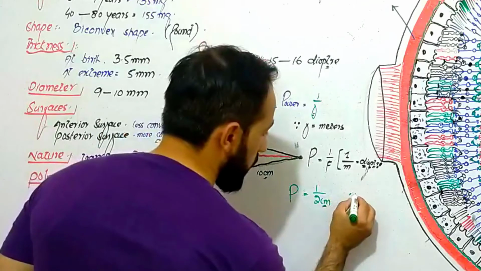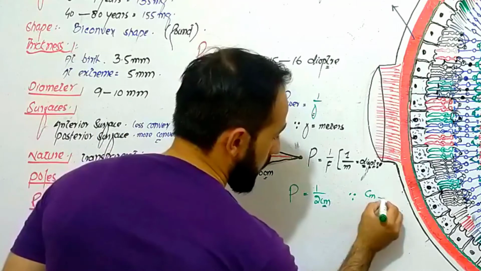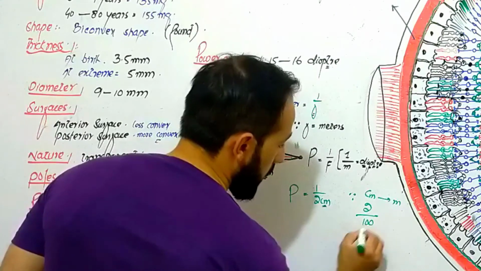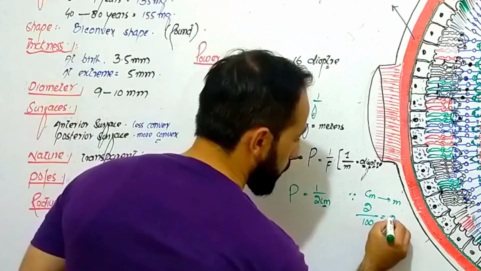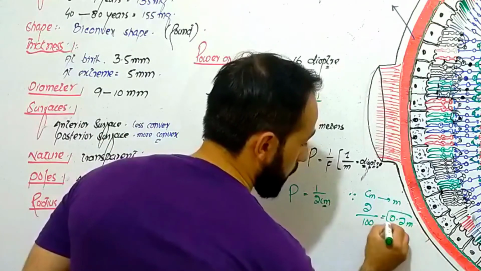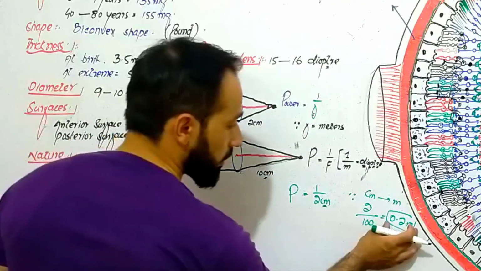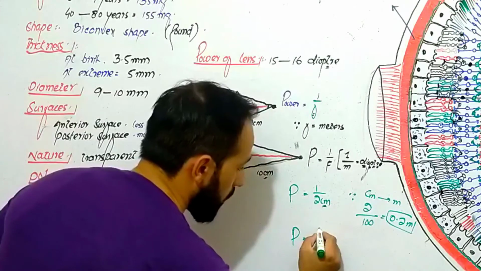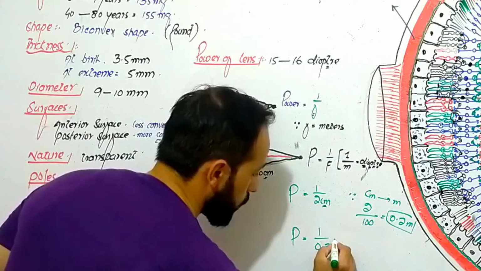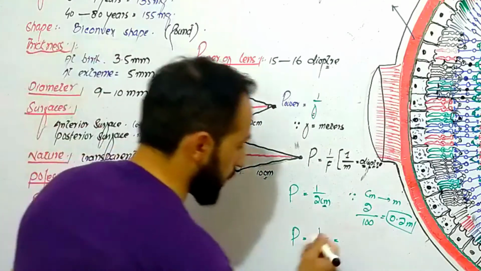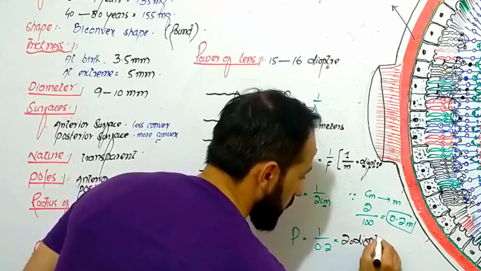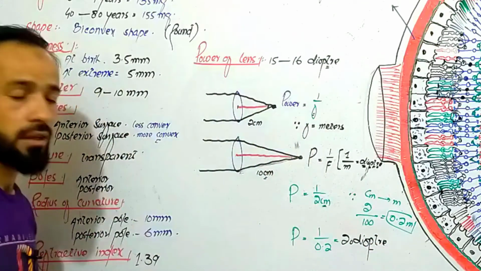In order to convert centimeter into meters, what should we do? We should divide this 2 by 100. So we will get 0.02 meter. Now put this meter here. So power will become 1 divided by the focal length in meters, which gives the power in diopter.